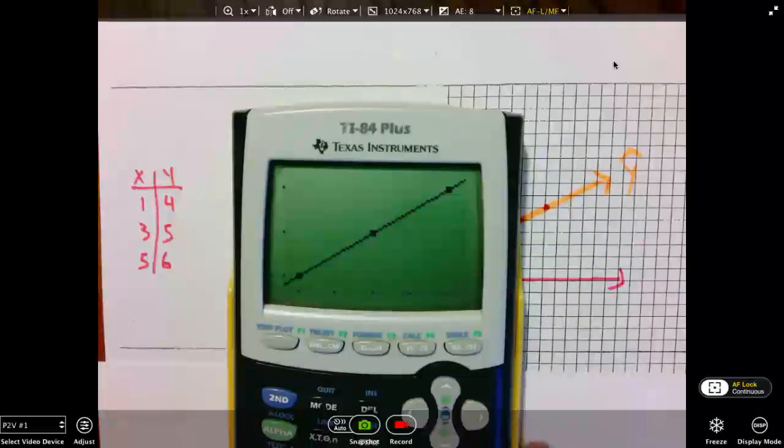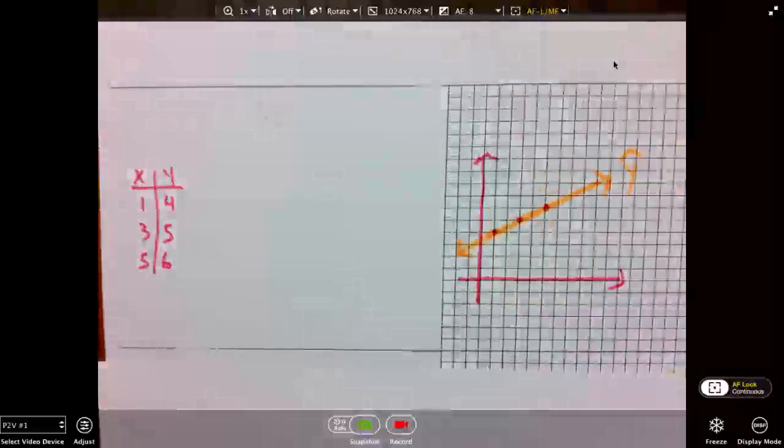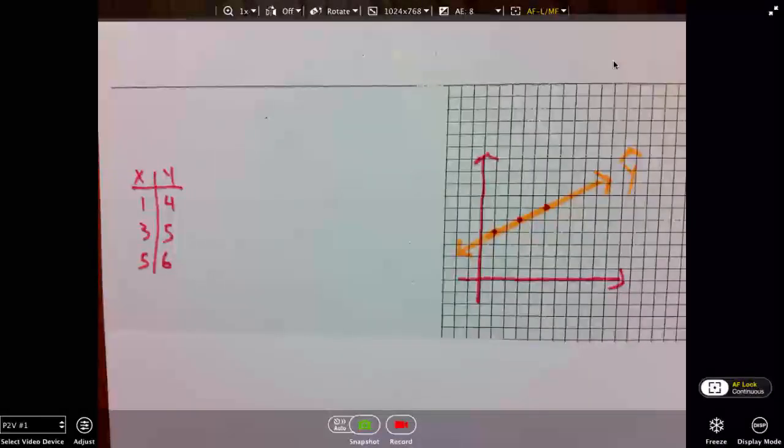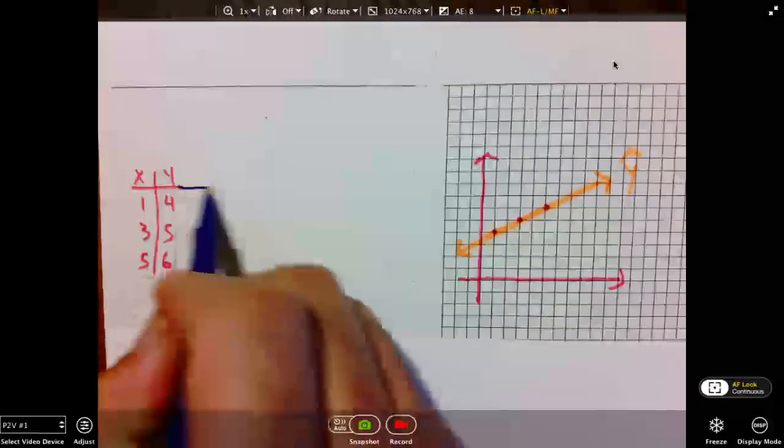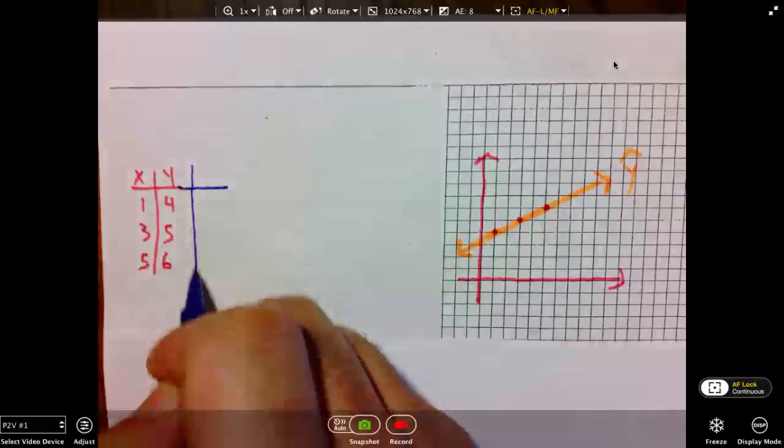Well, let's see if we can use this formula that we've just seen to calculate. We're going to need a couple of more quantities now.